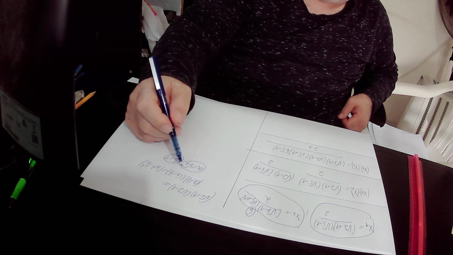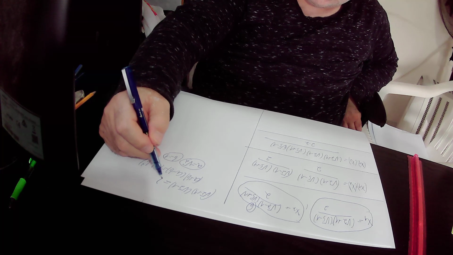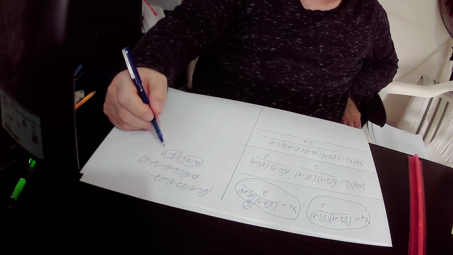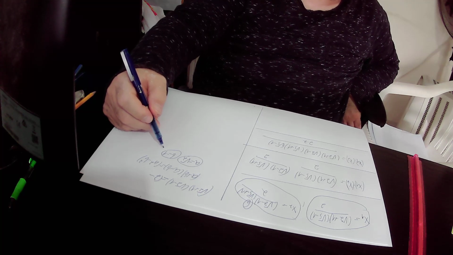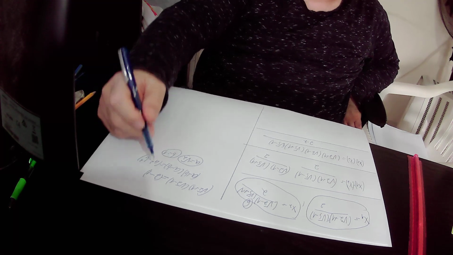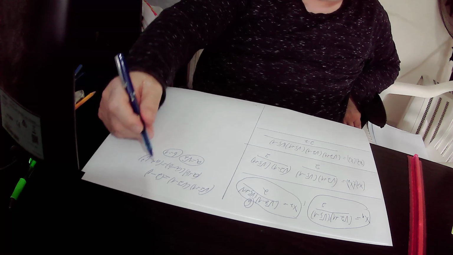So a squared is square root of 2 squared, which is 2, minus b squared. B equals 1, so b squared is 1, so minus b squared is minus 1. So in conclusion, square root of 2 plus 1 times square root of 2 minus 1 equals 2 minus 1, that is actually 1.